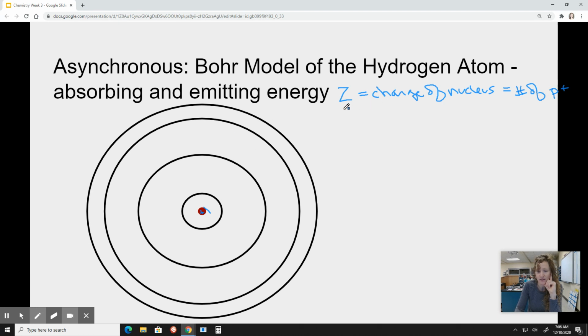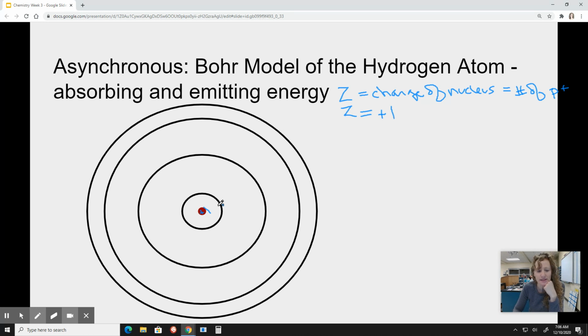And so in this case, Z for us is equal to a +1 because we're dealing with hydrogen here. Hydrogen has 1 proton, so it has a nucleus of +1. So nuclear charge as we go forward is going to become more important to us. And already we've seen a couple diagrams that throw Z's onto them. So I just wanted to take a minute and show you what those are.